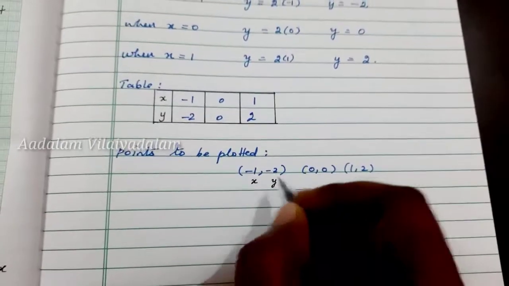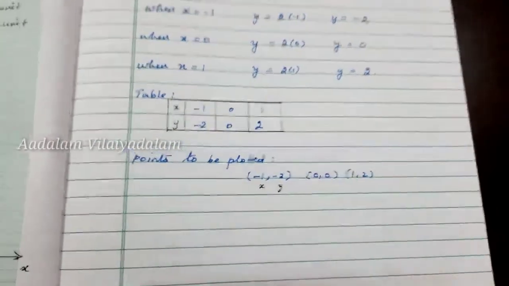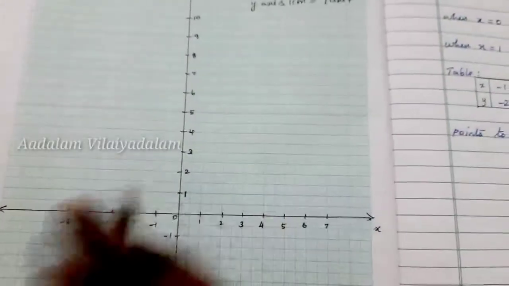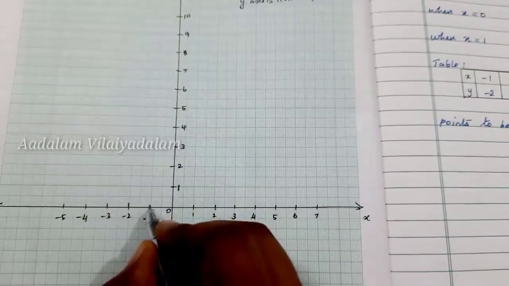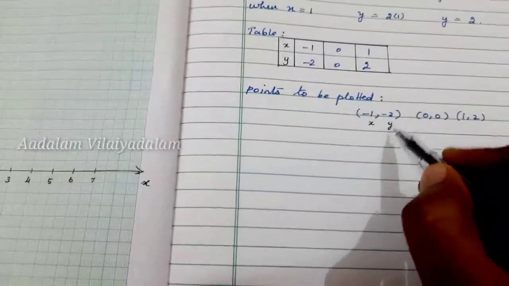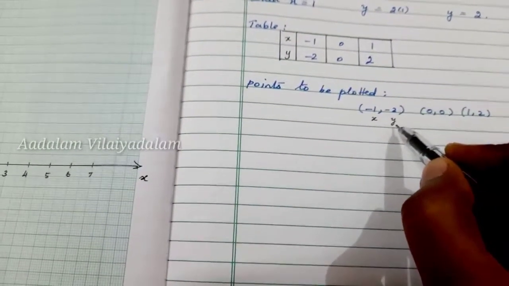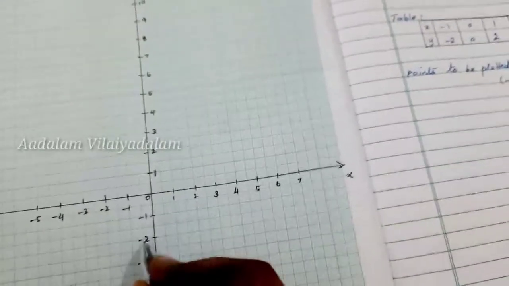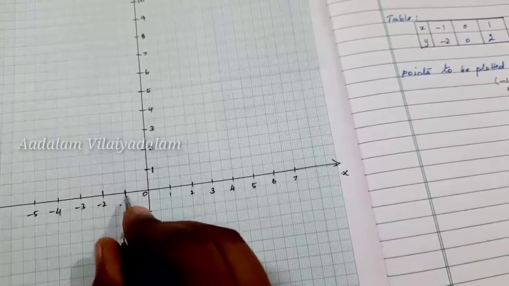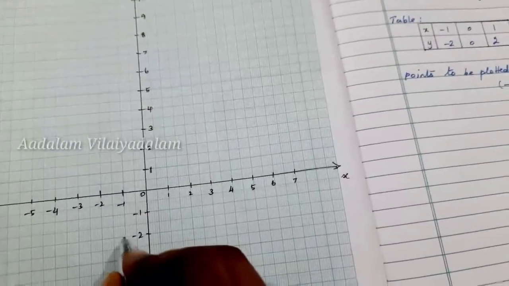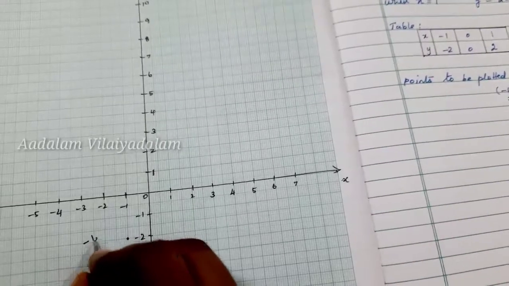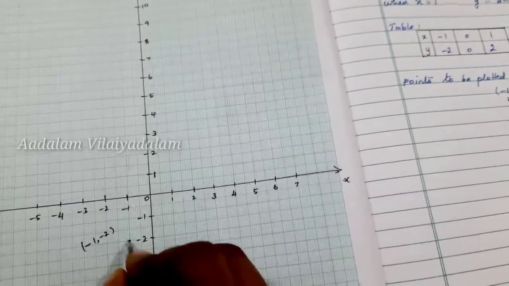The x value minus 1 lies on the left side of the origin on the x-axis. Then minus 2 is on the y-axis, so minus 2 lies downward. The meeting point of minus 1 and minus 2 is this. So we can write minus 1 comma minus 2.